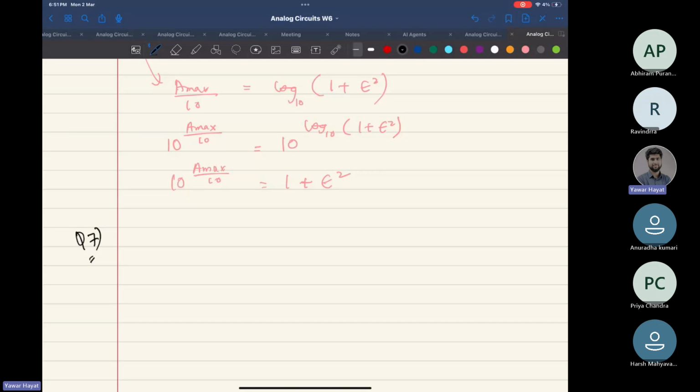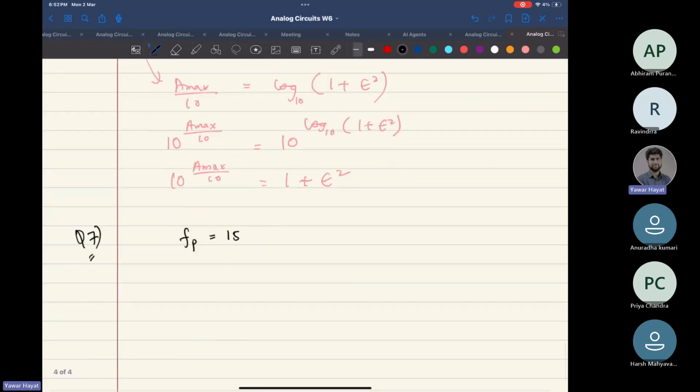Seventh one is as follows. I'll give you FP. Again, this would be a Butterworth low pass filter. We'll be doing mostly these. So FP is now 15 kilohertz, right? Your A max is 2 dB, right?